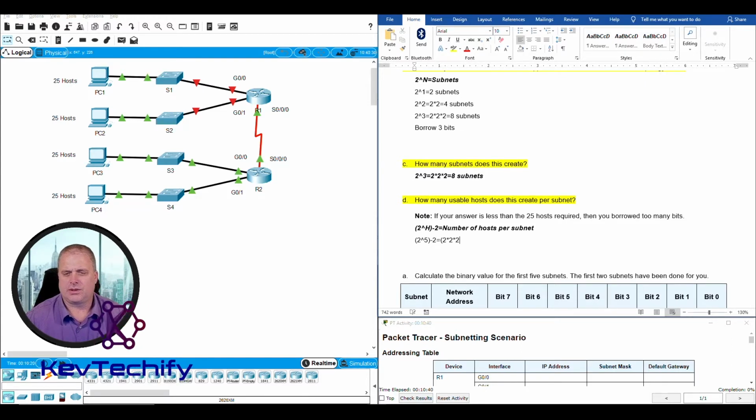That's 2 times 2 times 2 times 2 times 2, 5 times there, minus 2. 2 times 2 is 4, times 2 is 8, times 2 is 16, times 2 is 32. That gives us 32 minus 2, that gives us 30 hosts per subnet. Once again, for our 8 subnets, when we borrow these 3 bits, each of those subnets will have 30 hosts per subnet.